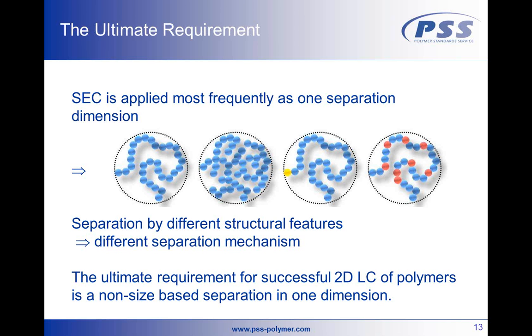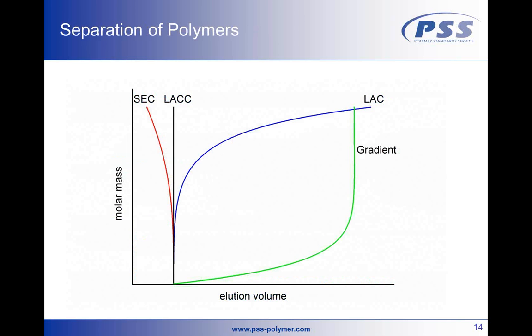Well, the question is how we can do that. What tools do we have to get separations which are not based on size exclusion chromatography? Basically we have different options. Size exclusion chromatography is a method where you have in your column a sponge-like material, and your larger molecules have no way to penetrate all of the pores of the chromatographic column.